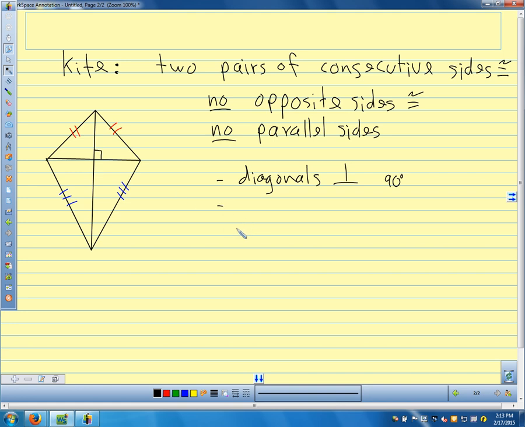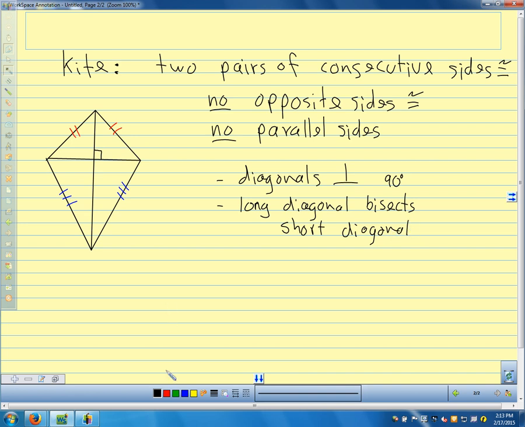The long diagonal bisects the short diagonal. So these two segments would be congruent. And the long diagonal bisects the angles of the kite.